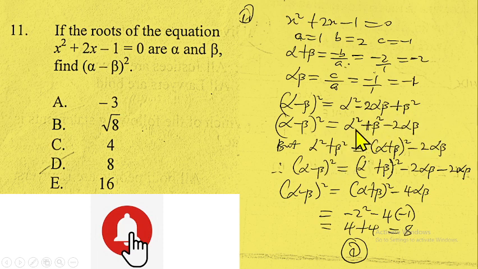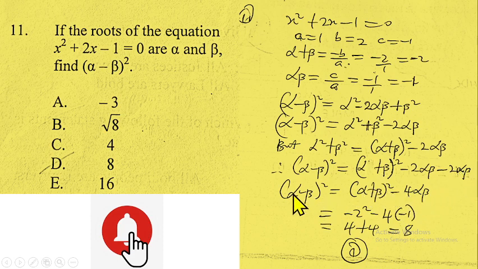Alpha squared plus beta squared has its own expansion, alpha plus beta all squared minus 2 alpha beta. Replacing it, the expression becomes alpha plus beta squared minus 2 alpha beta minus 2 alpha beta, which gives alpha plus beta squared minus 4 alpha beta.